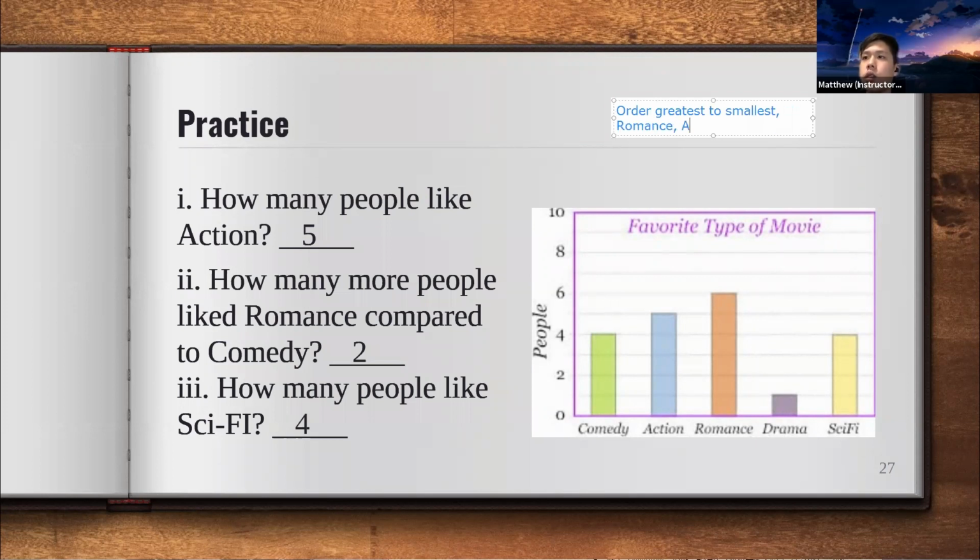Romance, action, comedy, sci-fi, and drama. So what would the order be from greatest to least? Romance, action, comedy, sci-fi, and drama.